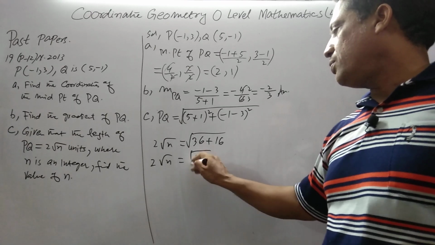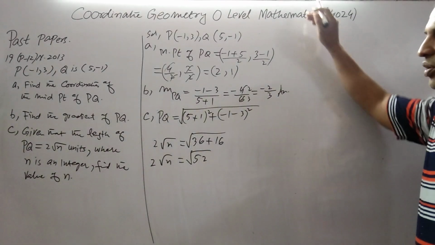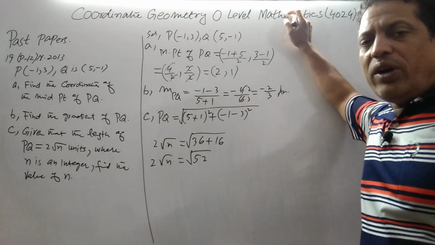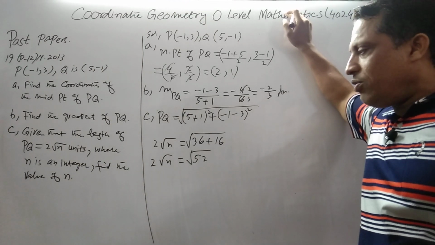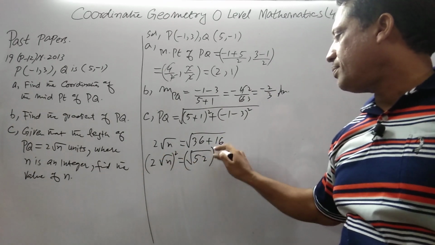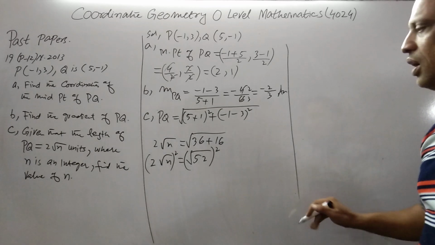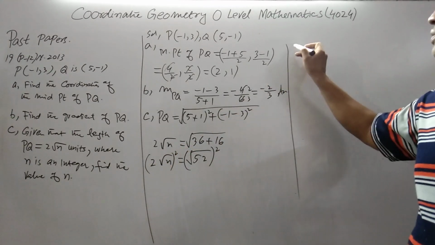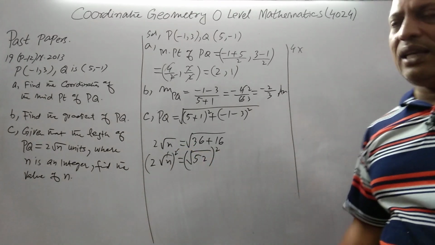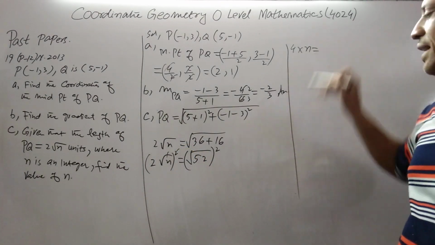36 plus 16 is 52, root. Now, if we want to find the value of n, we should eliminate the square root. What is the method to eliminate the square root? Just squaring on both sides. 2 squared is 4, multiplied by n, the square and root cancel. The answer is just n.